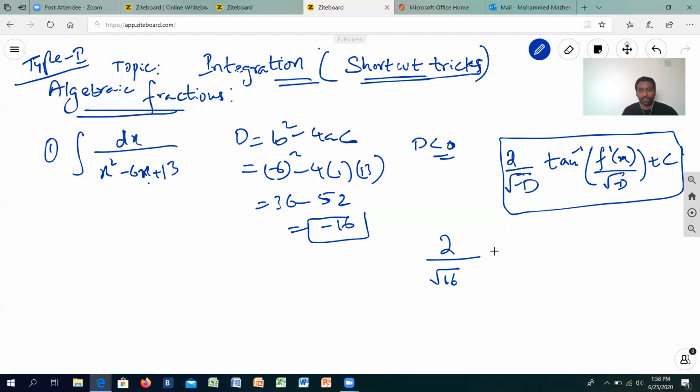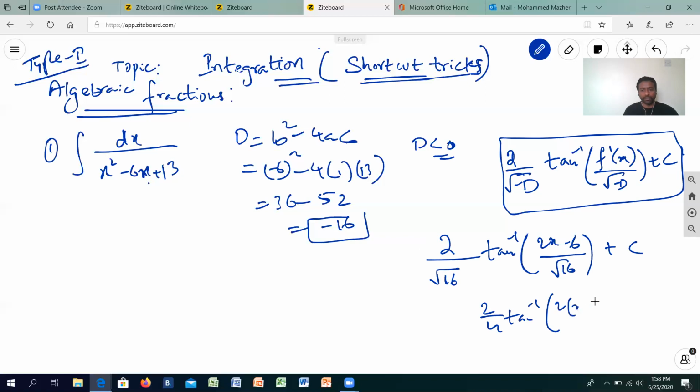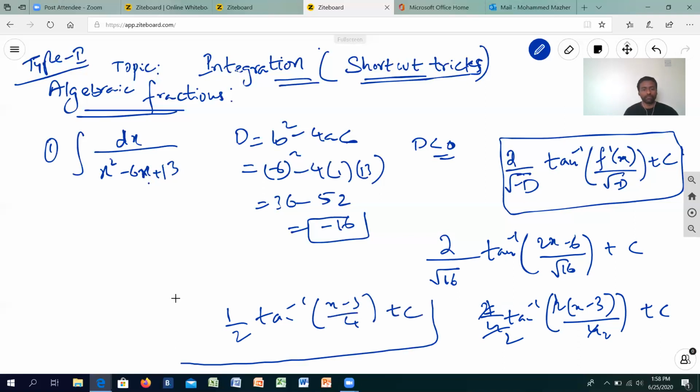So basically 4, and we'll write tan inverse. What is the derivative of the function? The function is the given question, so the derivative is 2x minus 6, over root of positive 16, plus c. So 2 by 4 tan inverse, taking 2 outside common, this is 4 plus c, cancel out. So your answer is going to be 1 by 2 tan inverse of x minus 3 over 4, plus c.